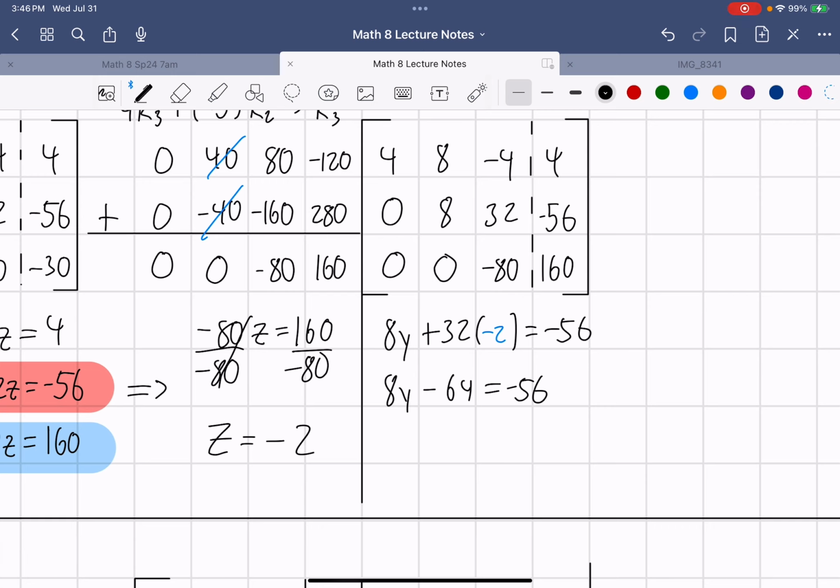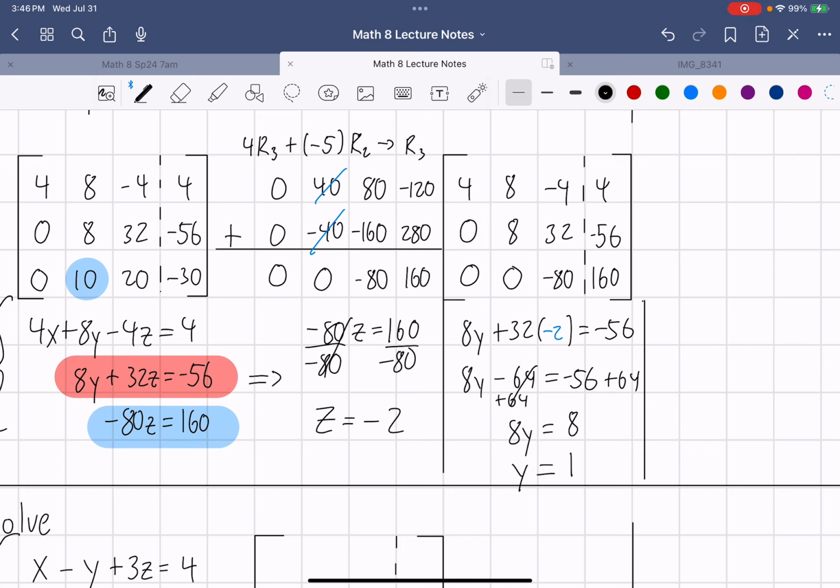And now that we know both y and z, we can try to find x. And that's going to give us 4x plus 8 times 1, because y is 1, minus 4 times negative 2 equals 4. That's going to give me 4x. Now 8 times 1 is 8.